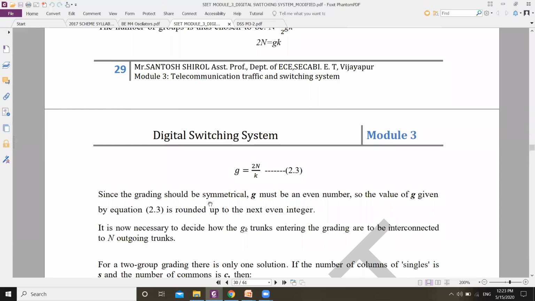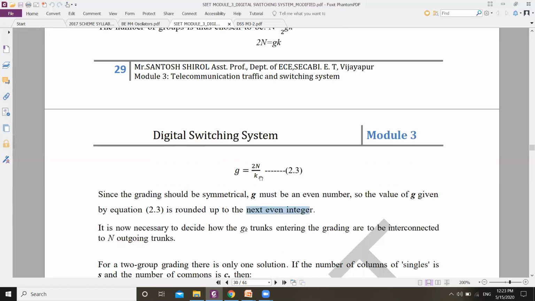Since grading should be symmetrical, we cannot do single. See, individual trunks will be individuals only. If you want to do grading, we require a minimum of 2 or 4, not odd numbers. We always require an even number. So G must be an even number. So the value of G given by equation 2.3 is rounded up to the next even integer.